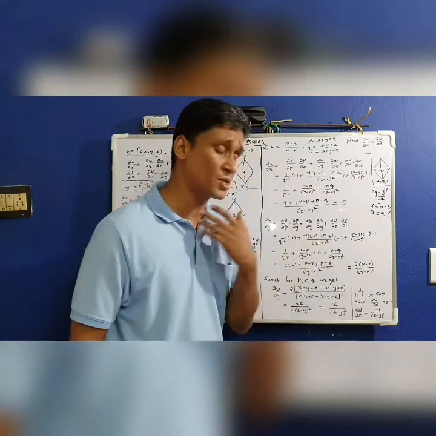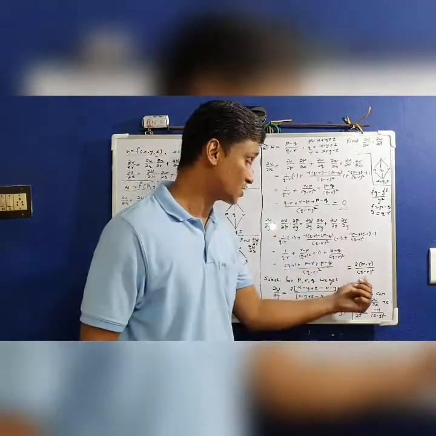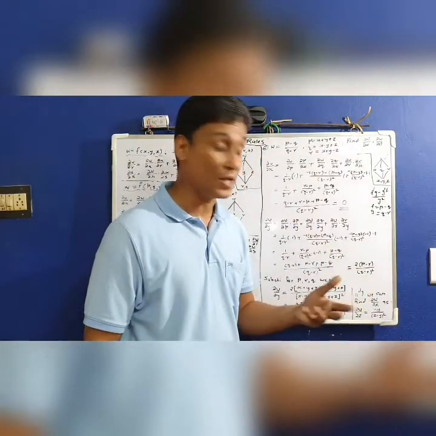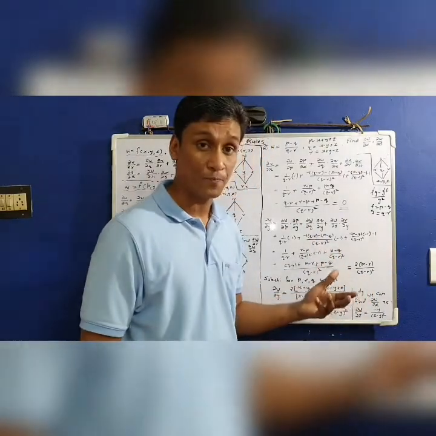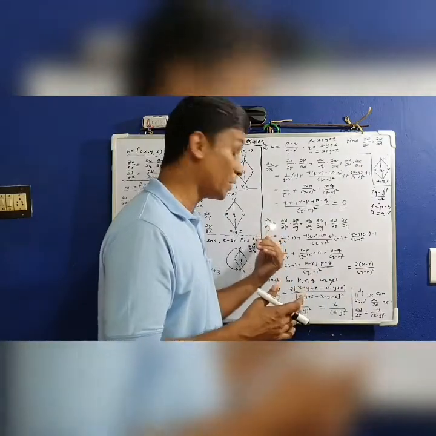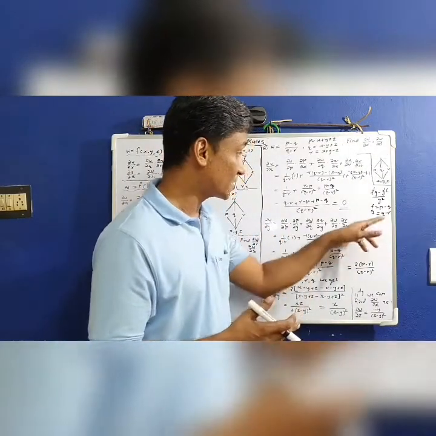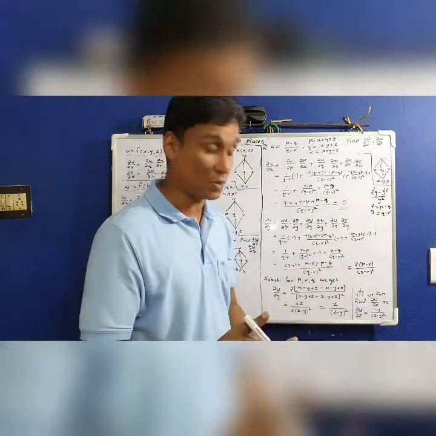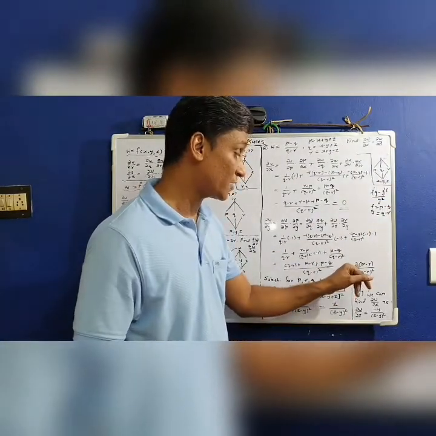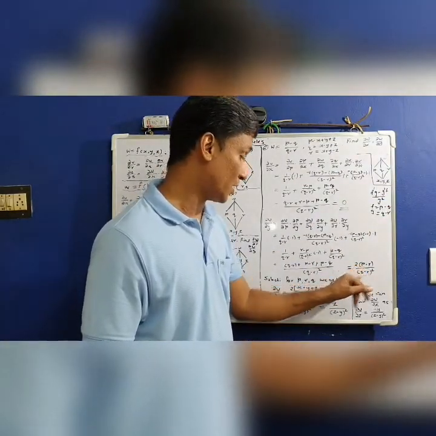But the problem is ∂w/∂y is now in terms of p, q and r. Actually, we are finding ∂w/∂y, which should be in terms of x and y, because x, y, z are the primary variables. So I am substituting the values of p, q and r.